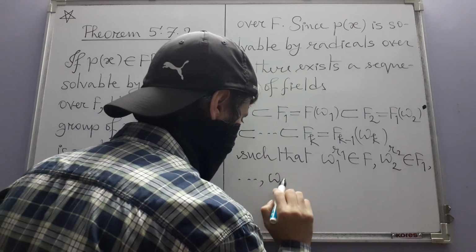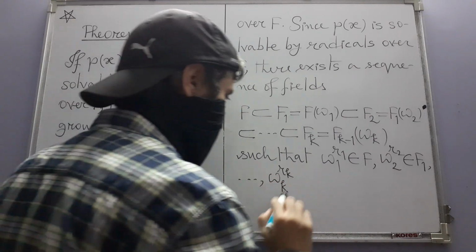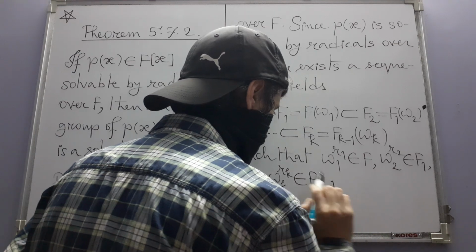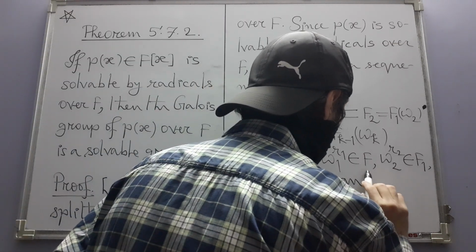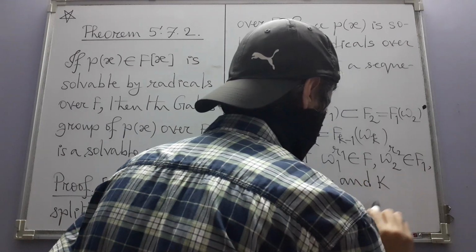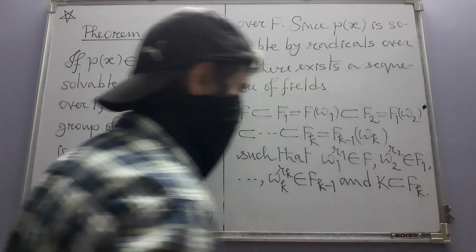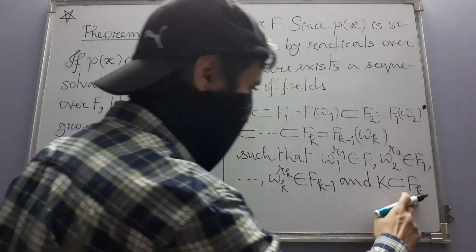Finally, some power of omega k belongs to Fk minus 1, and the splitting field K is a subfield of this largest field in this sequence, that is Fk.